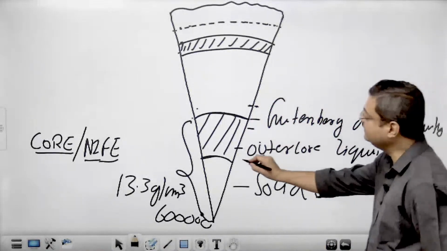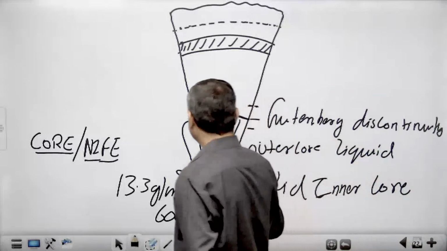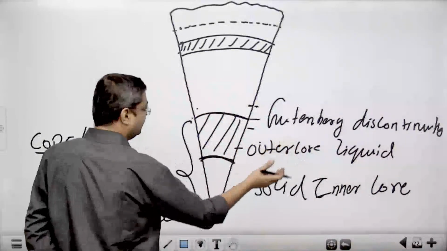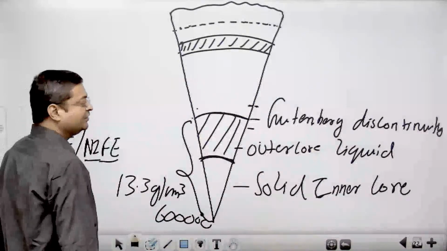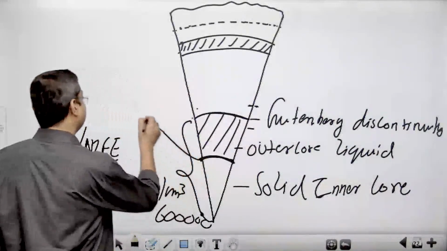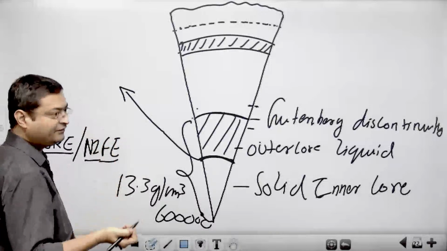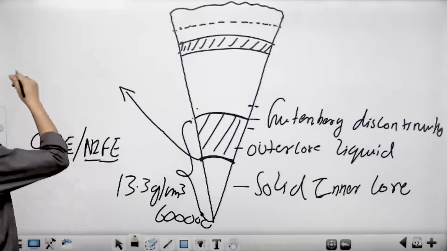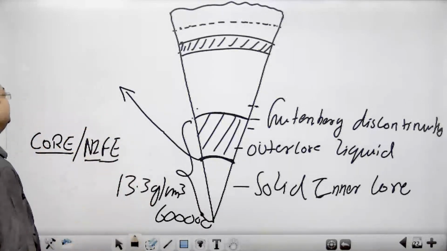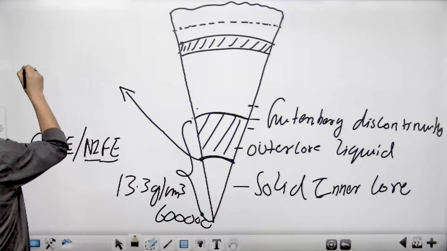But again there is a change of discontinuity between the outer liquid core and the solid inner core. So again this was found by perhaps the first female scientist related to geography, Lehmann, Inge Lehmann.